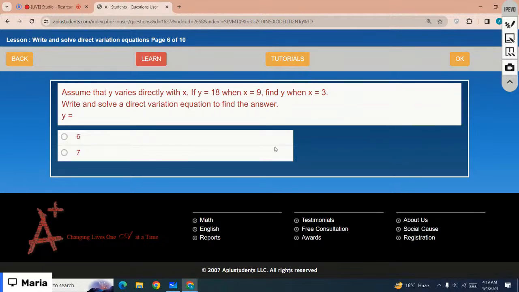That is 6. The correct option is option number 1. Very good. Correct option is 6.